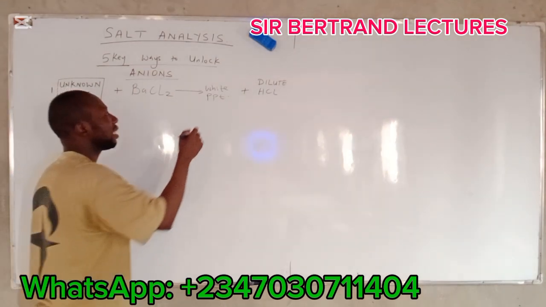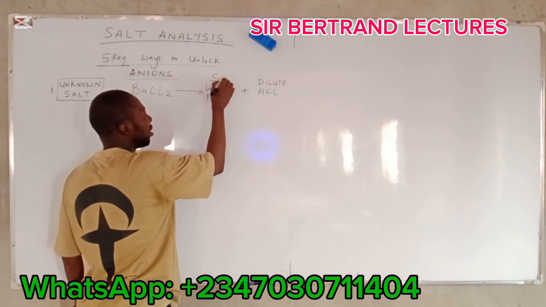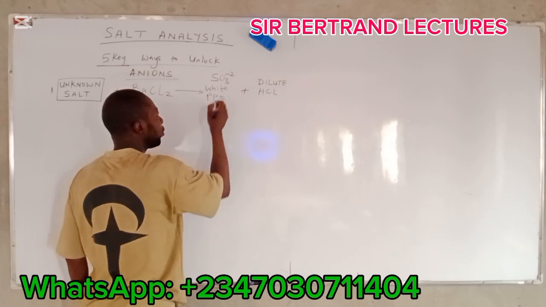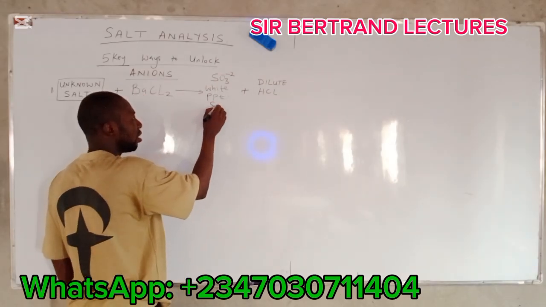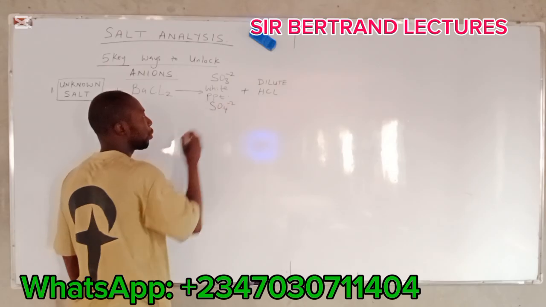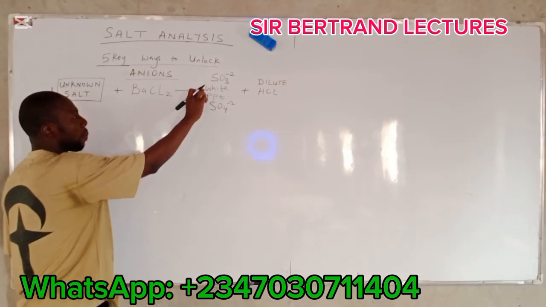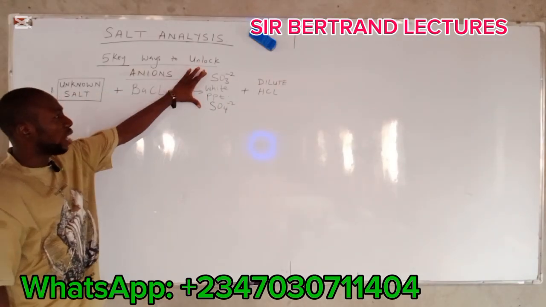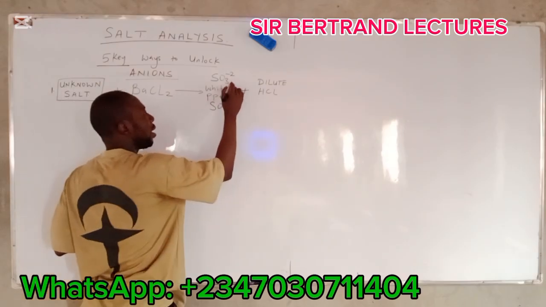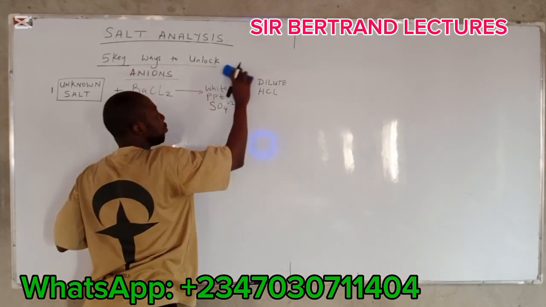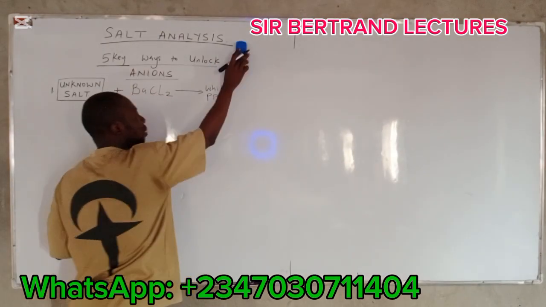Which ions are that? We have here the sulfite ion. We have here the sulfate ion. Giving white precipitate shows that these two ions are present. One is sulfite ion, the other is sulfate ion. Let me complete the table very well so that you can understand perfectly.